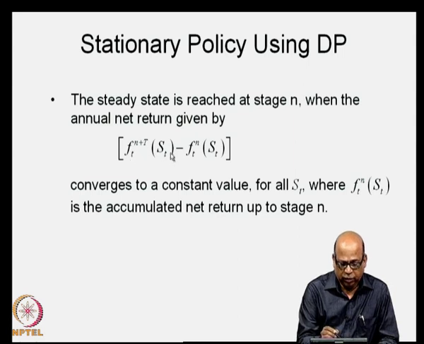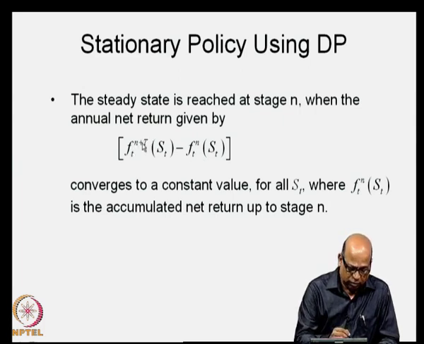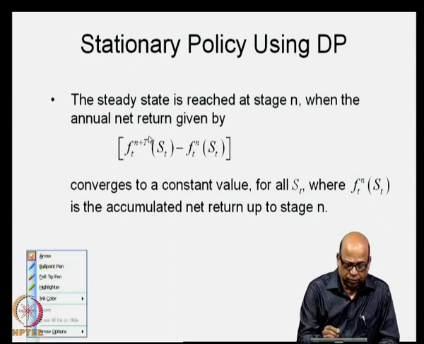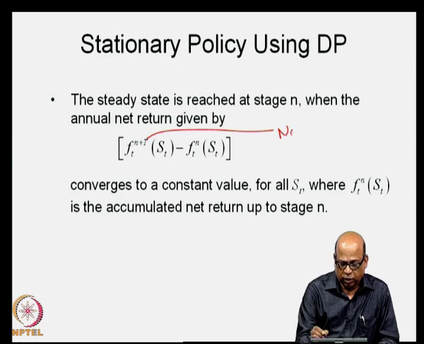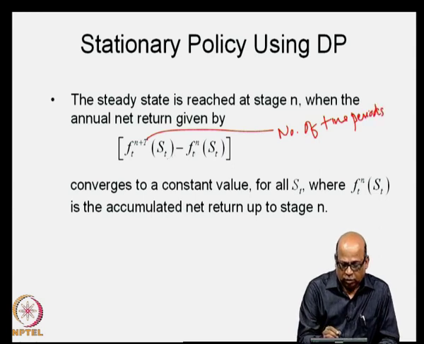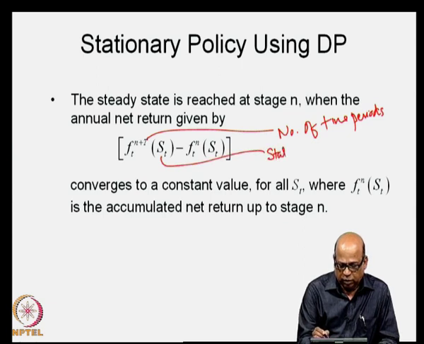So, for a given state variable, if you achieve this condition, that is namely f t n plus t, t is the number of time periods in a year, for a given S t, which is the state variable. This is a state at time t.